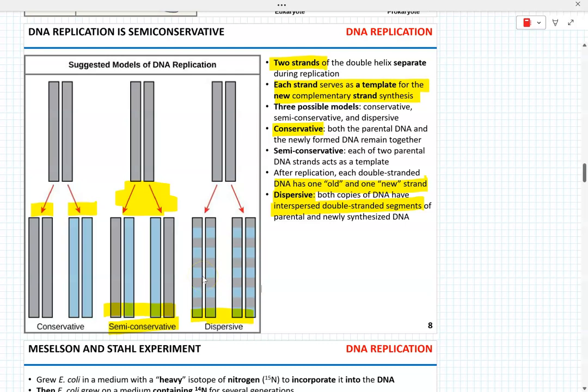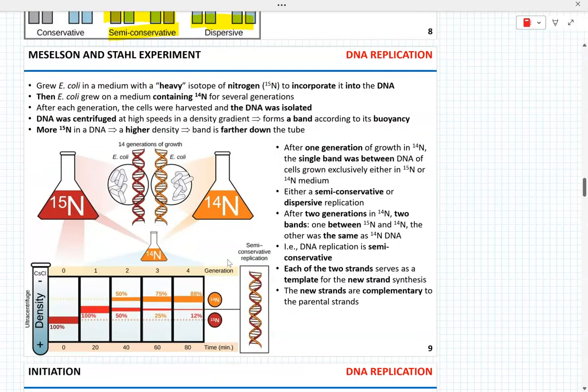To elucidate that DNA replication actually follows the semi-conservative model, Meselson and Stahl performed a famous experiment with DNA labeling by nitrogen. They started by growing bacteria E. coli in a medium that contained a heavy nitrogen isotope N15, which was incorporated into bacterial DNA.